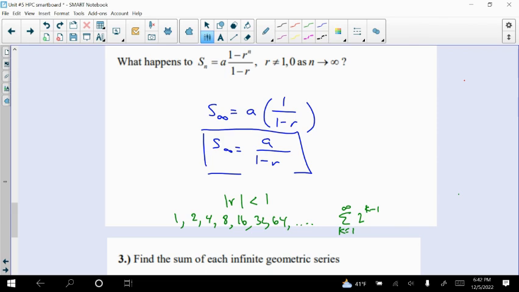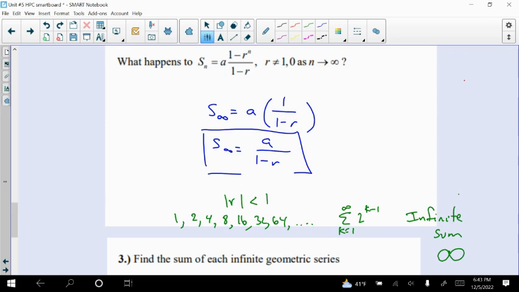So if you have a ratio that's bigger than 1 like this, we would say it's an infinite sum, because its value doesn't approach anything. It approaches infinity. So we are only looking for geometric series whose ratio is less than 1. And it could be negative because it could alternate between negative and positive, and that's fine.